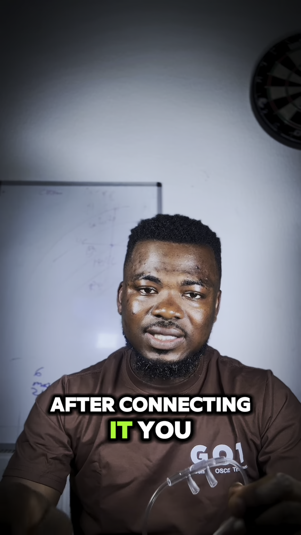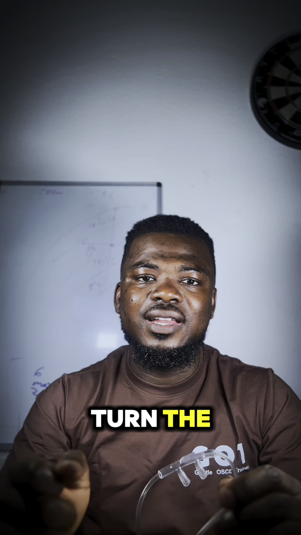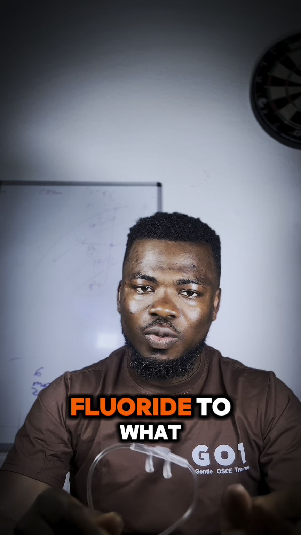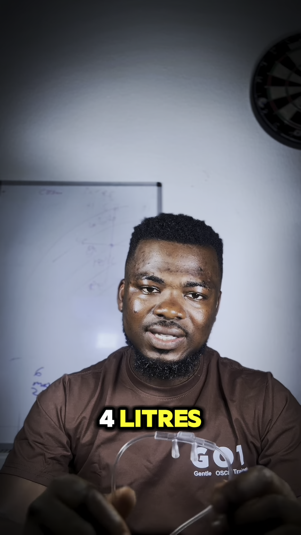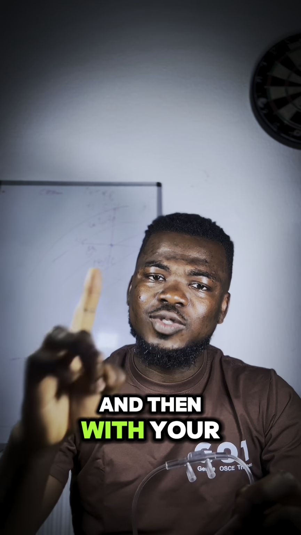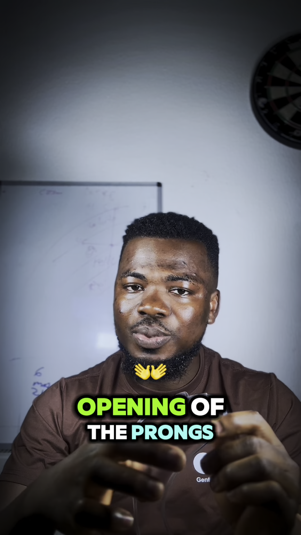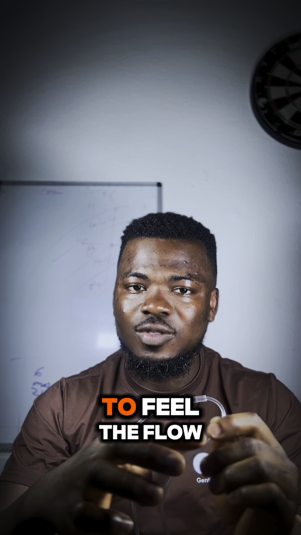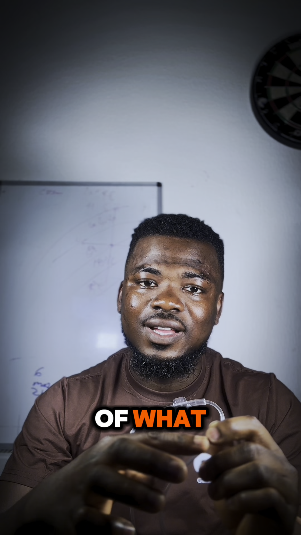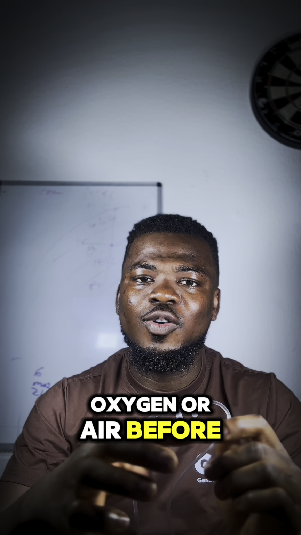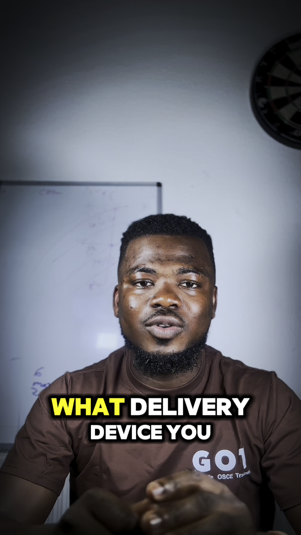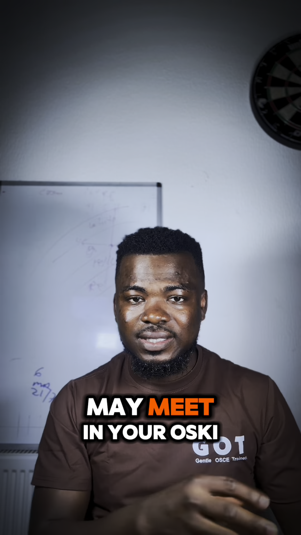After connecting it, you turn the flow rate to what? 4 liters. And then with your gloved hand, you place it at the opening of the prongs to feel the flow of what? Oxygen or air, before you fix it.